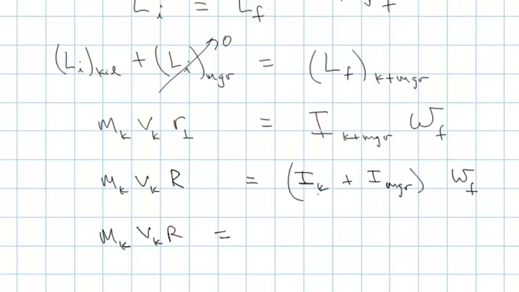And if the kid is small compared to the merry-go-round, it's almost like a point mass. What's I for a point mass? mr squared. I for a solid disk, ½ mr squared.